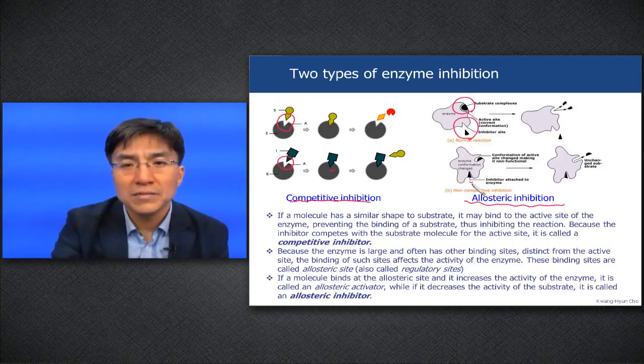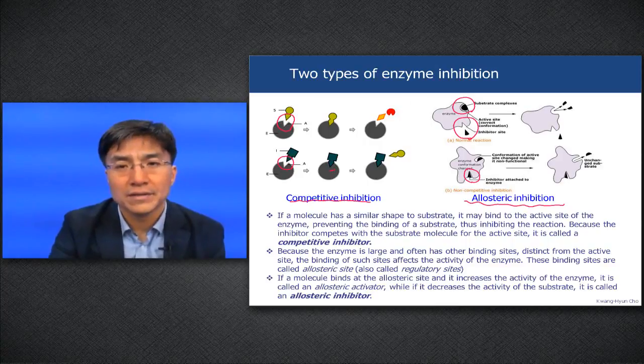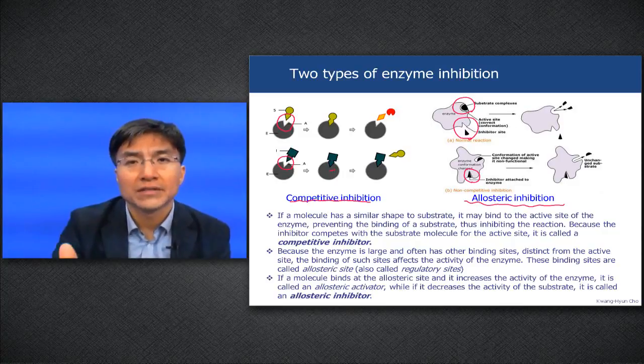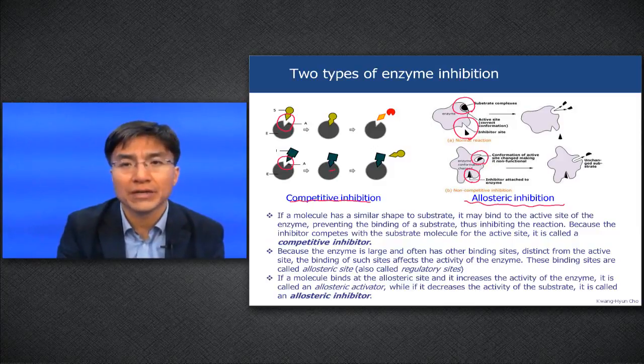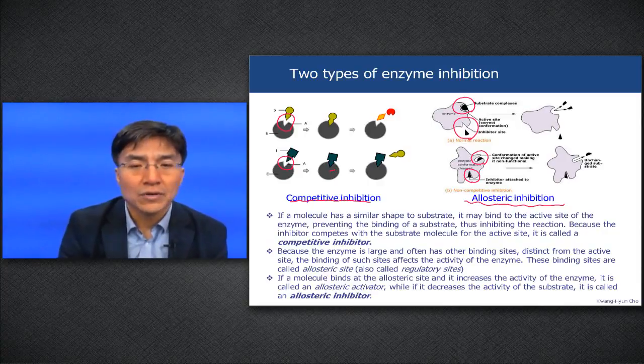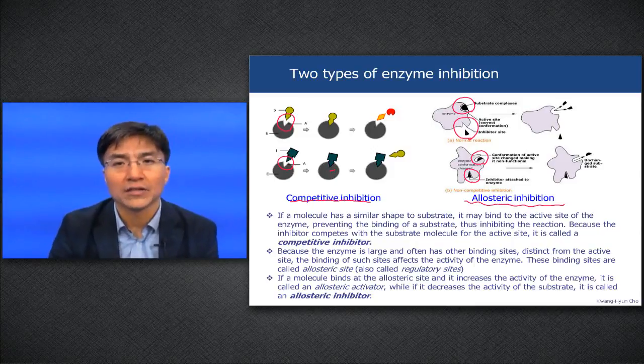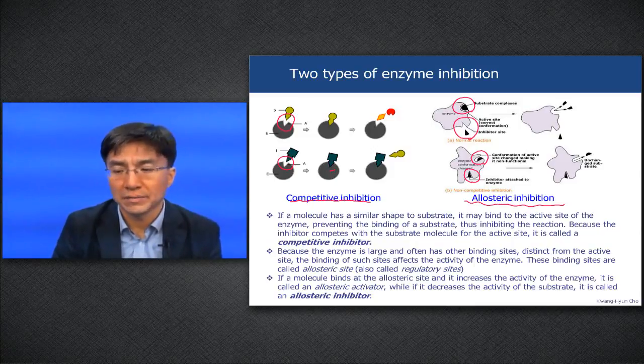But if there is an inhibitor that binds to the inhibitory binding site, even though it is far from the substrate enzyme binding site, it can cause some conformational change of the enzyme and substrate binding site. So it can inhibit the binding of a substrate to the enzyme. So this is remote control, and we call this allosteric inhibition. And such an inhibitor is called an allosteric inhibitor.